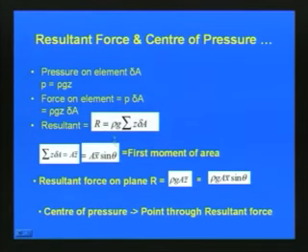In the inclined plane that is equal to A x bar sin theta, which is the first moment of area. So the resultant force on the plane is R equal to rho G A Z bar.